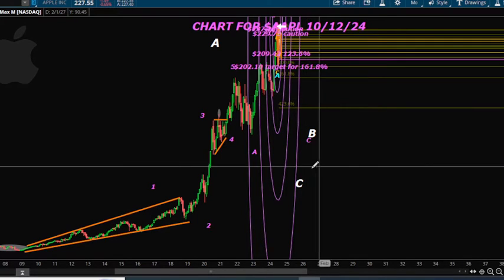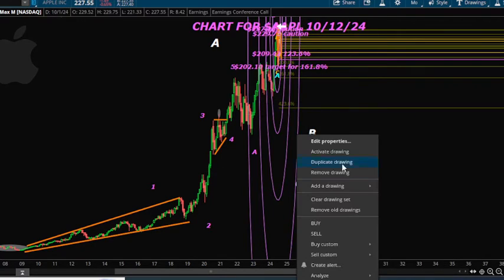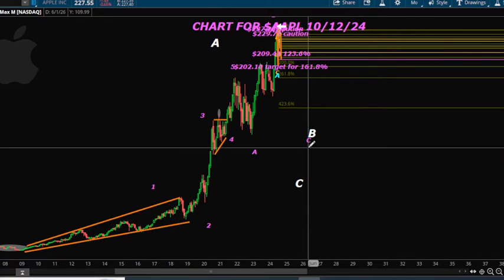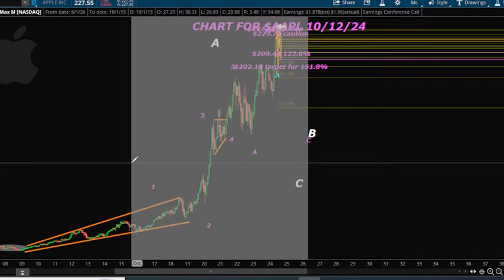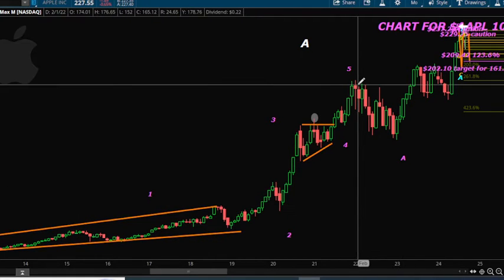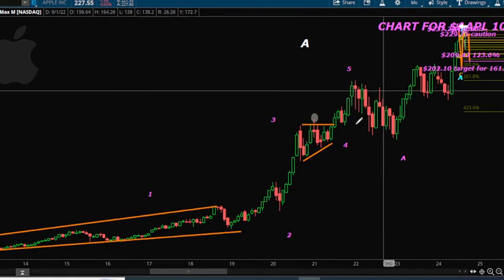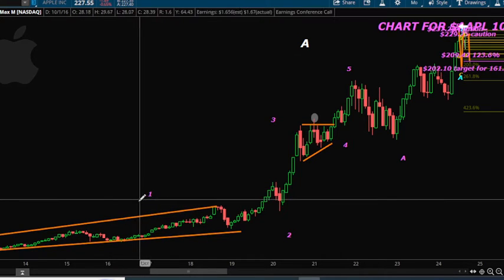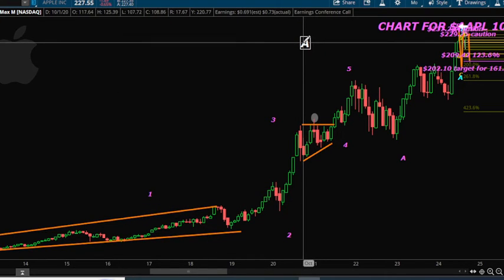So let me clean some of this up. Let's see. So ignore everything to the right at the moment. Just know that I counted 5 waves up for an A. I am planning on counting this whole chart in an ABC pattern.